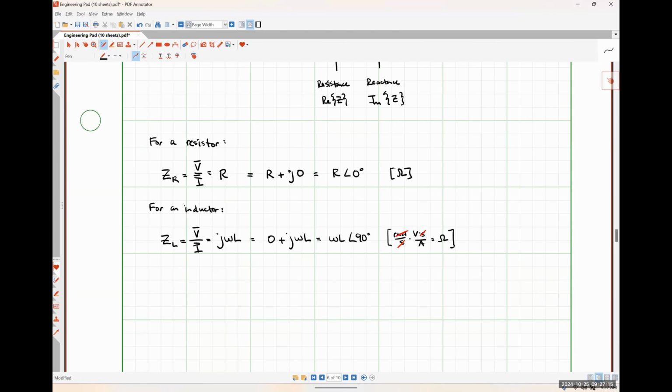What's really interesting, though, is what happens when we get to very high frequencies? Our impedance is going up and up and up. So we have a frequency-dependent impedance here that at very low frequencies looks like a short circuit, and at very high frequencies effectively looks like an open circuit, okay?